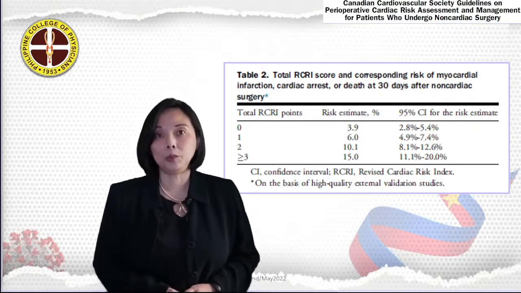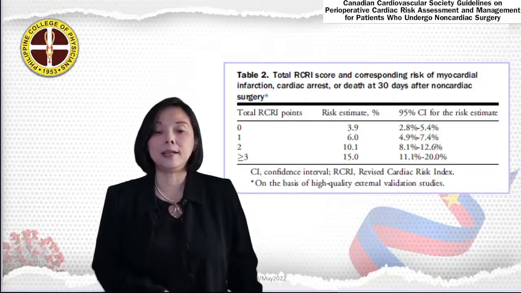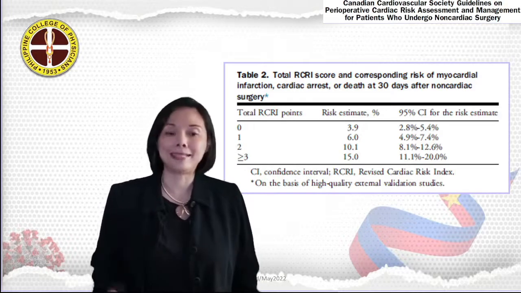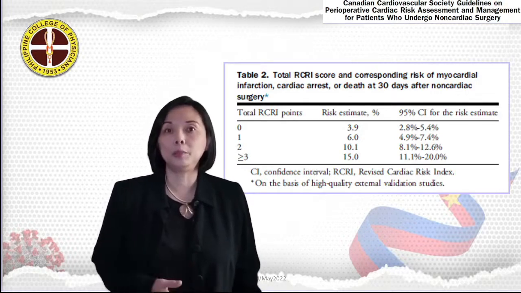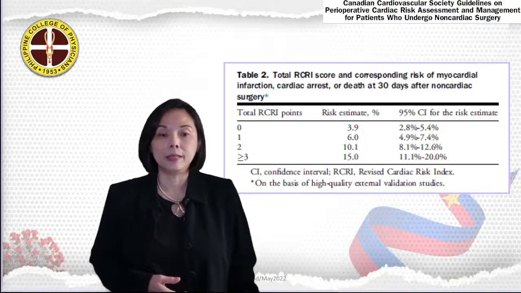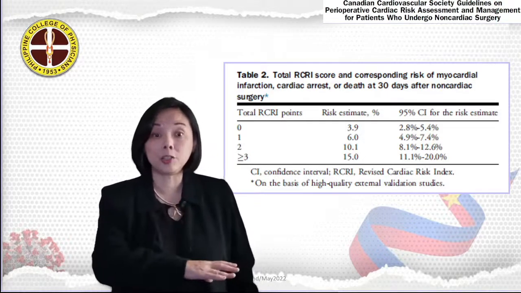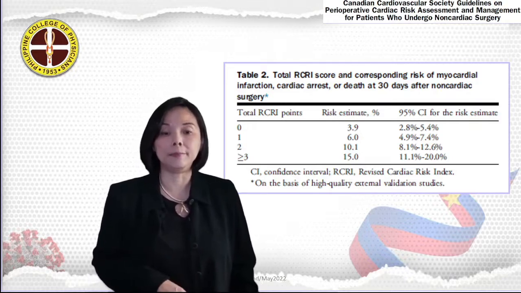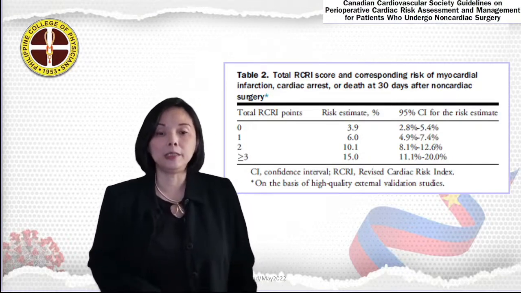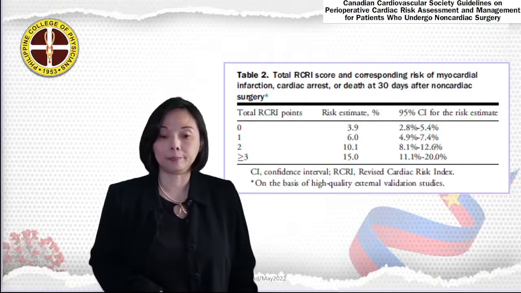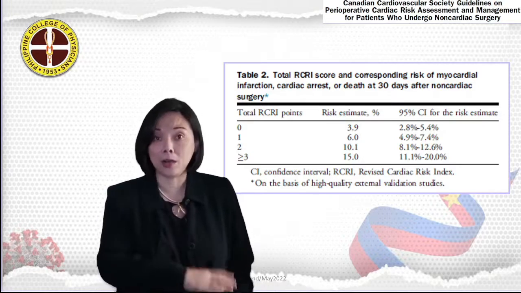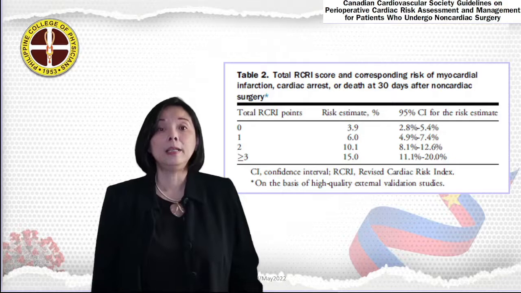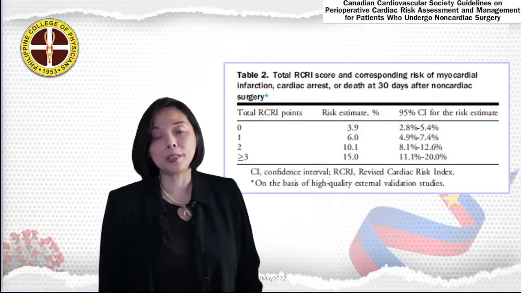This is attributed to the fact that the original RCRI study monitored CKMB enzyme and excluded emergency surgery cases, whereas the external validation studies monitored troponin levels that are much more sensitive than CKMB, and some studies included emergency surgery patients. These are the numbers now that are widely accepted in terms of risk estimates when using the RCRI.